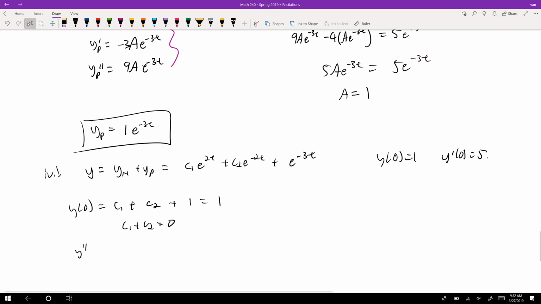Now I need to find what y prime of t is. So I go up to this and take derivatives with respect to t. It's 2c1 e to the 2t minus 2c2 e to the minus 2t minus 3 e to the minus 3t.